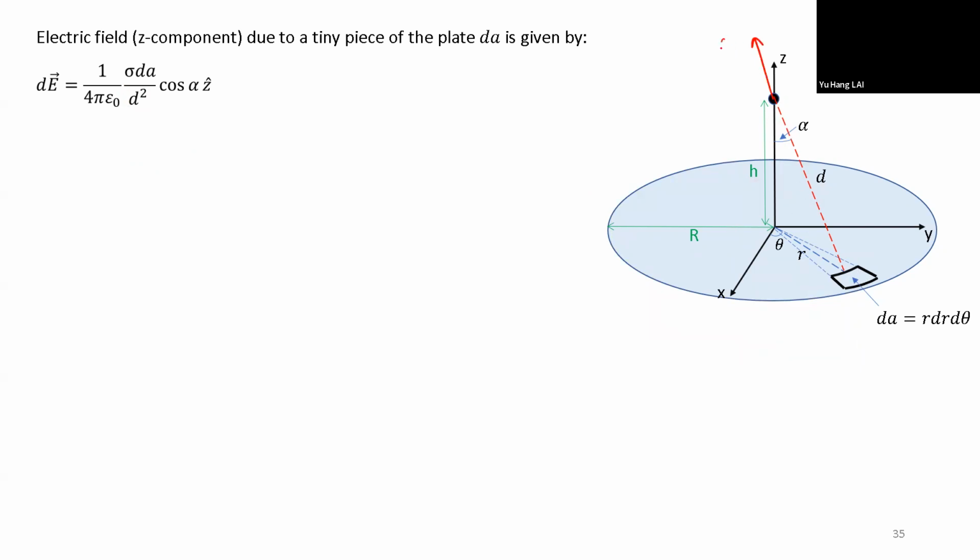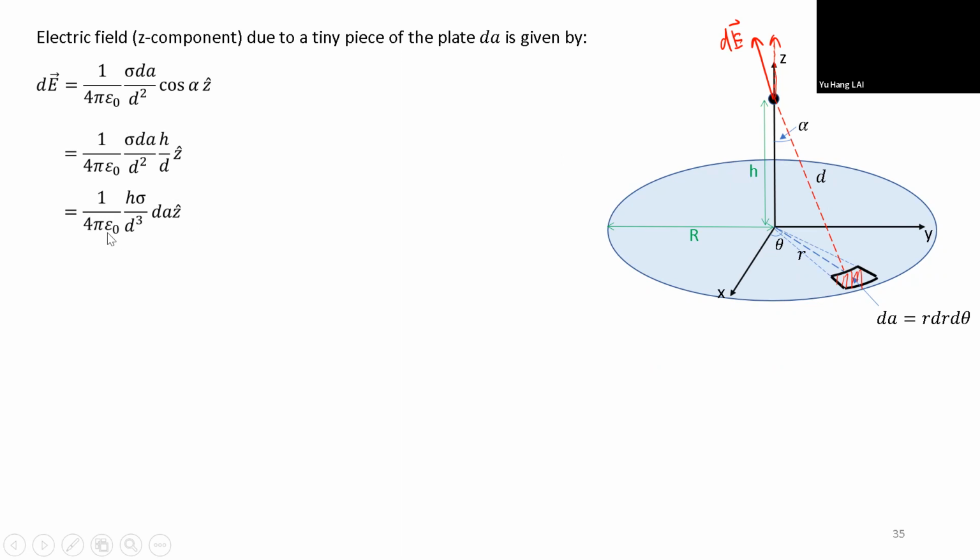This would be the electric field dE due to this small region. But at the end, I just need to know the z component of dE. That's why I pick this factor of cosine alpha. Now, with just some manipulation, I'm going to express cosine alpha as h divided by d.